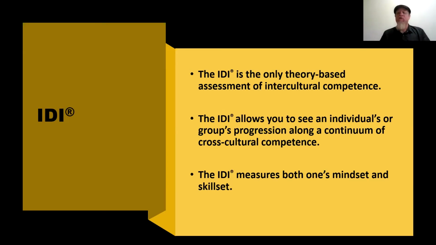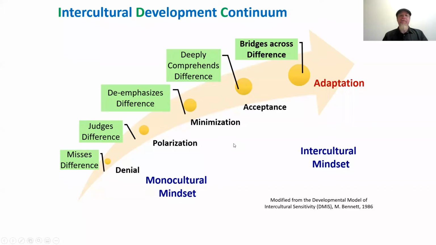This assessment works very well across those areas. What the IDI does, and this is their language, is allow you to see an individual or a group's progression along a continuum regarding their cross-cultural competence. It addresses and measures both the mindset of an individual and their skill set. So it's a two-part component, and we'll show you some slides with that information.